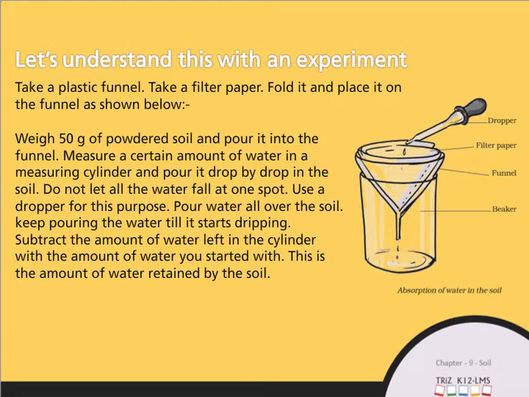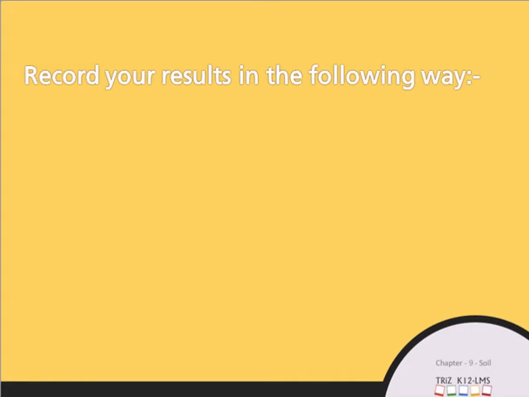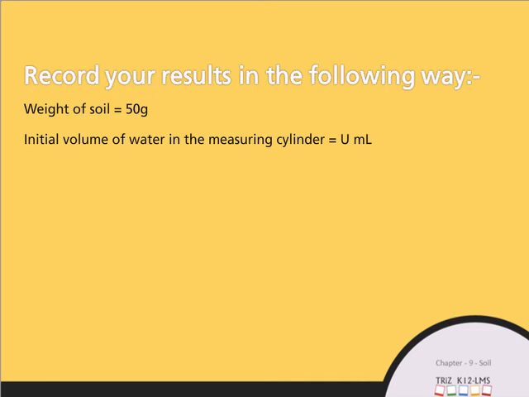Subtract the amount of water left in the cylinder from the amount of water you started with. This is the amount of water retained by the soil. Record your results in the following way. Weight of soil is equal to 50 grams. Initial volume of water in the measuring cylinder is equal to U ml.